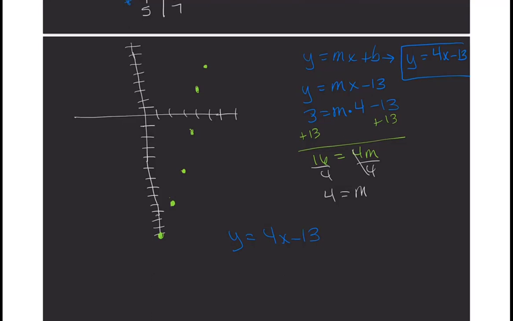Where do you think the 10 is going to go in? It's going to go in for our x, right? Because that's our input. So y equals 4 times 10 minus 13. What are we going to get for y? 40 minus 13, yep, which is going to give us 27. Good job.